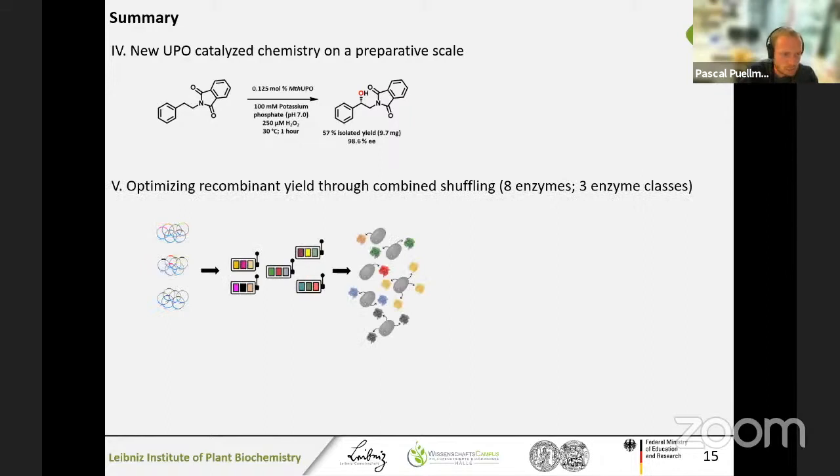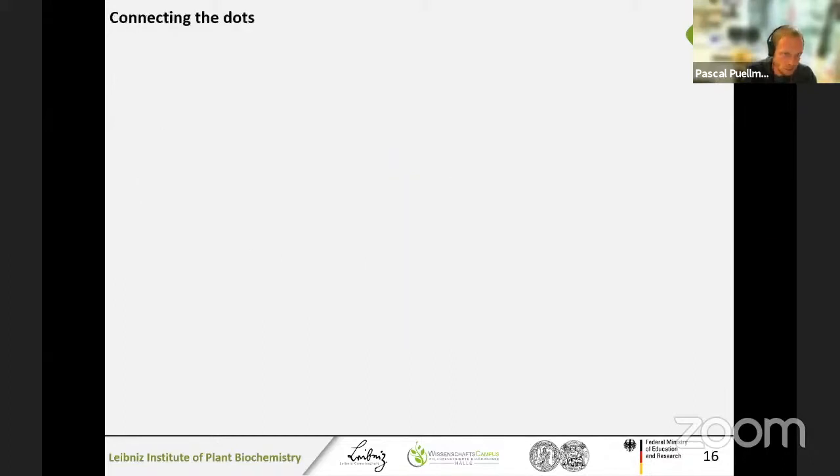And primarily what I talked a lot about was how to optimize your expression yields. So we could, for 8 enzymes, so 6 UPOs, but also a lipase and a laccase, optimize the yields through this kind of combinatorial shuffling system.